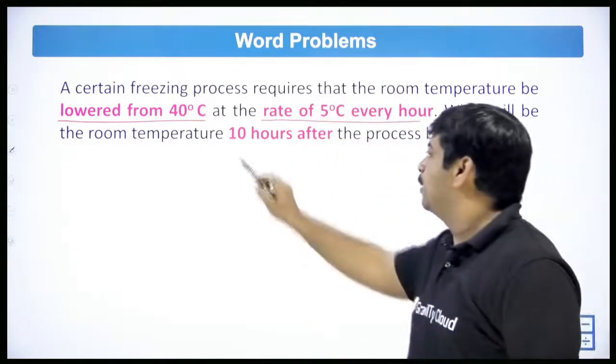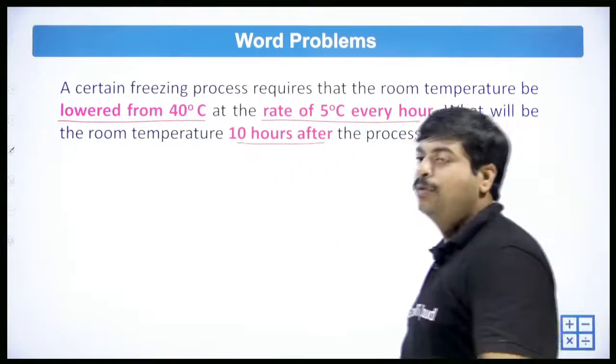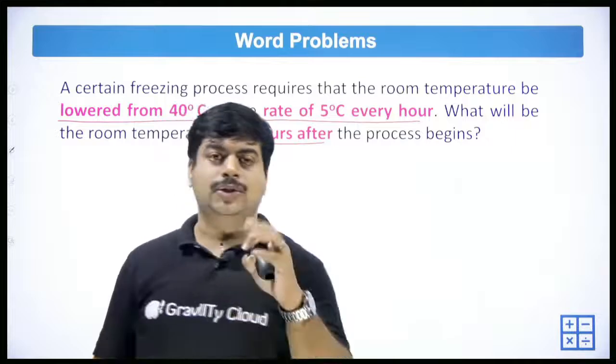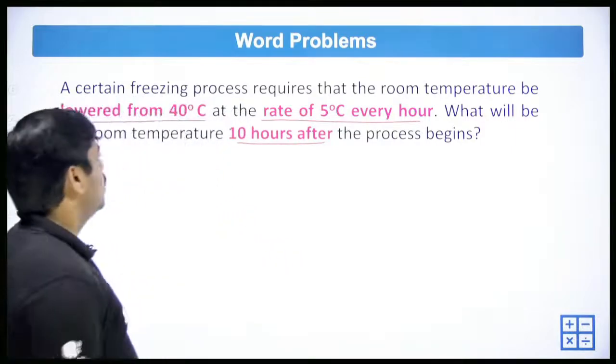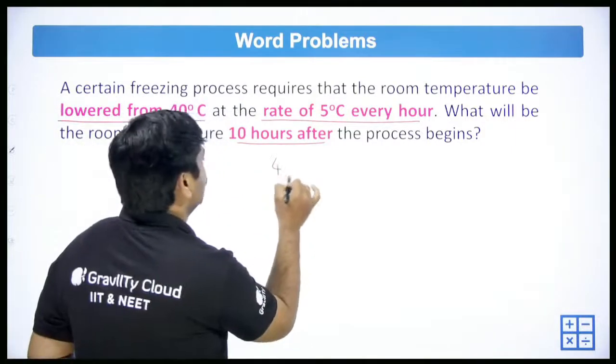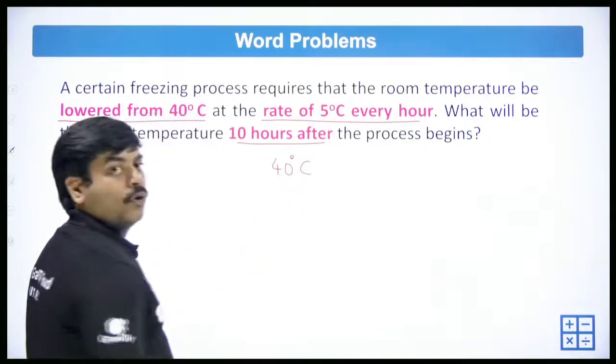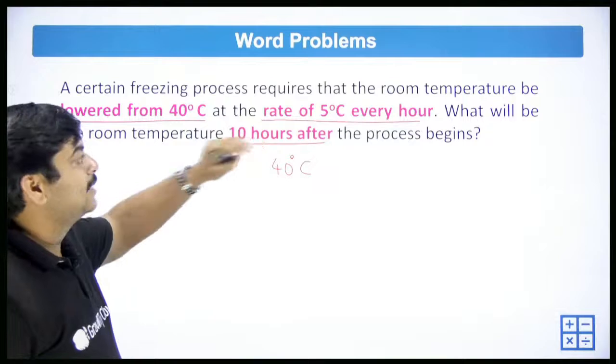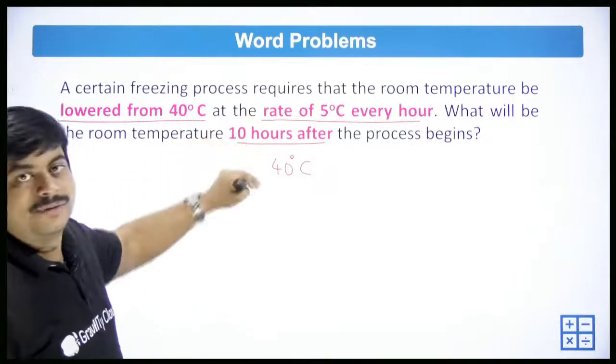What will be the room temperature 10 hours after the process begins? So I'll tell you like this. 40 degrees Celsius is there. It is decreasing at the rate of 5 degrees every hour till 10 hours.